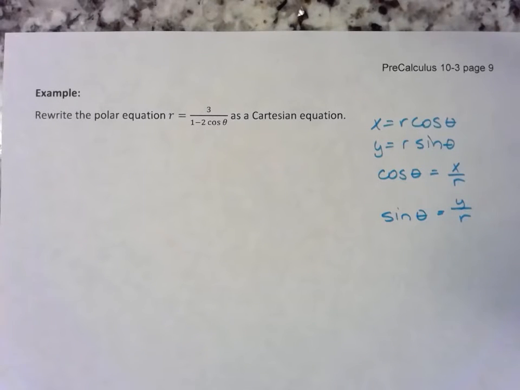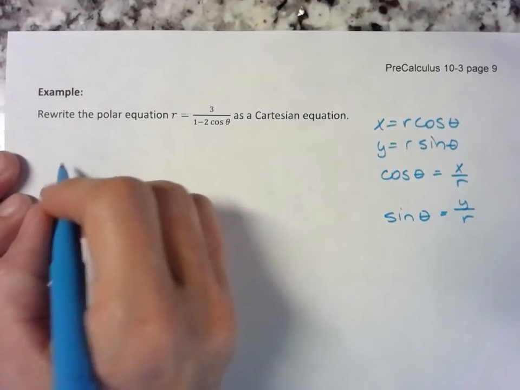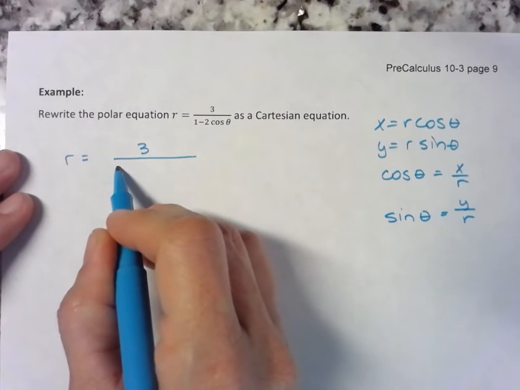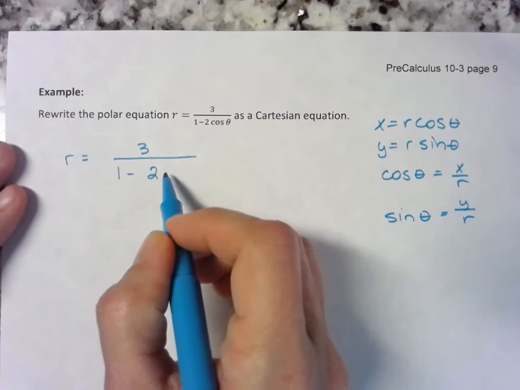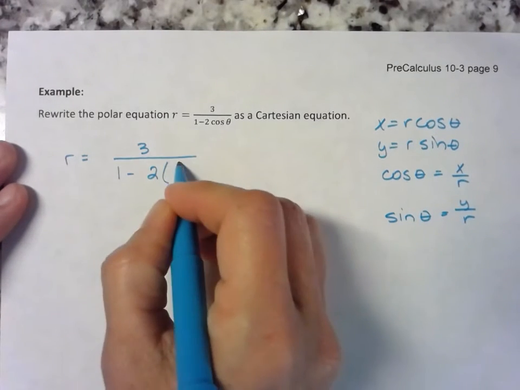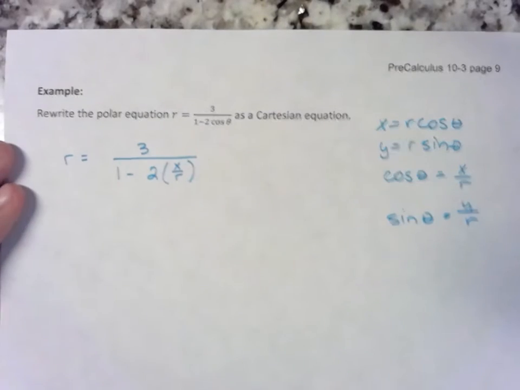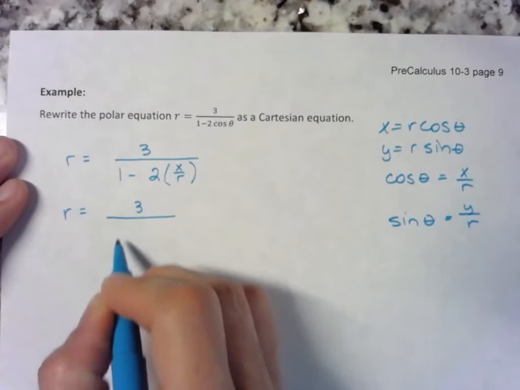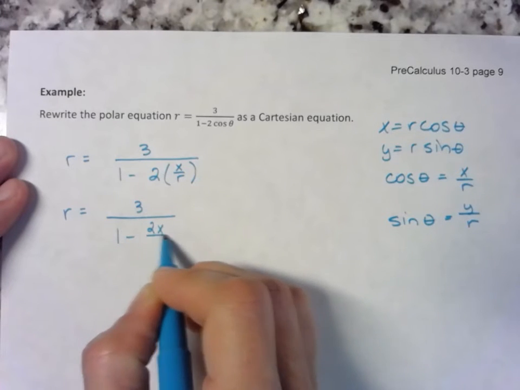Okay, so looking at our equation, we have r is equal to 3 over 1 minus 2 times something. Well, cosine of theta is x over r. So I have r is equal to 3 over 1 minus 2x over r.